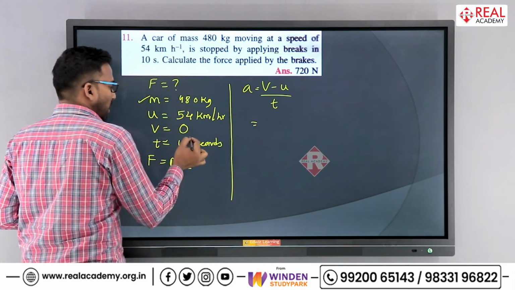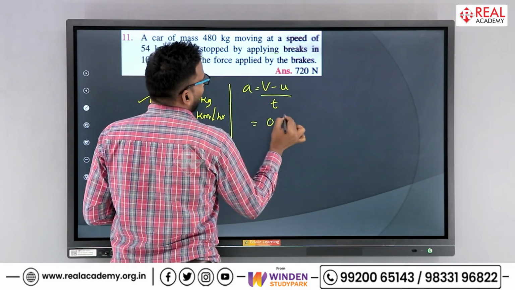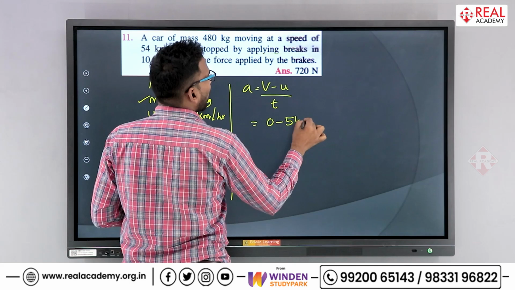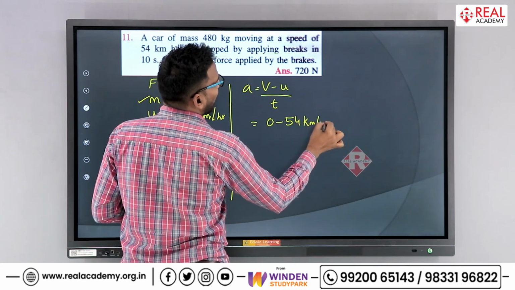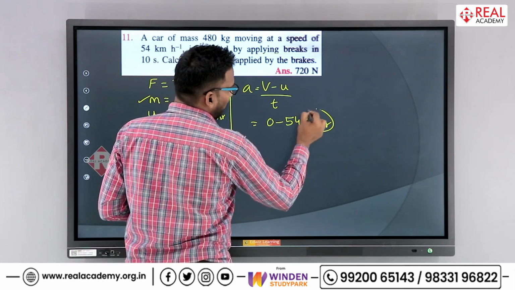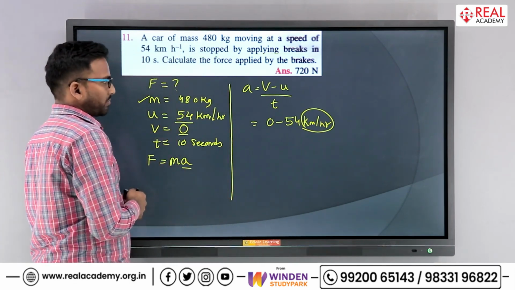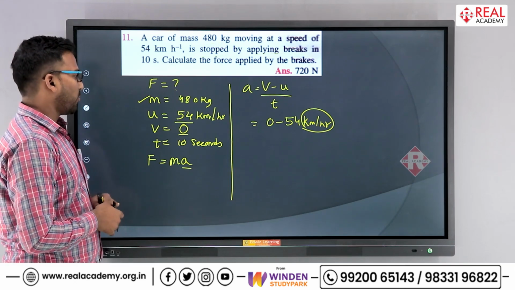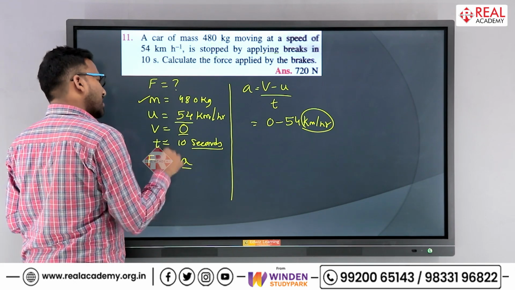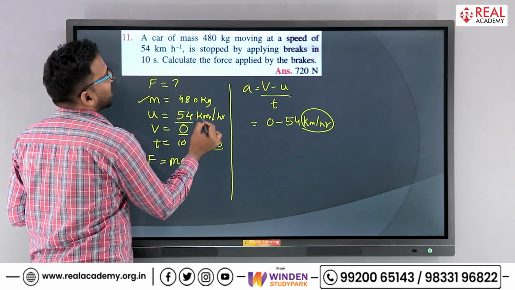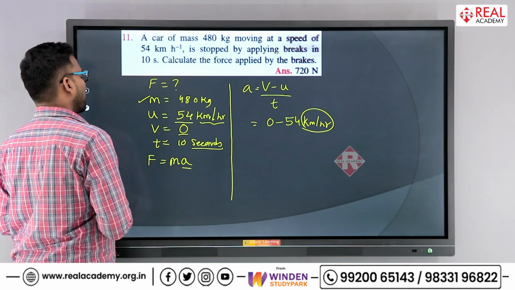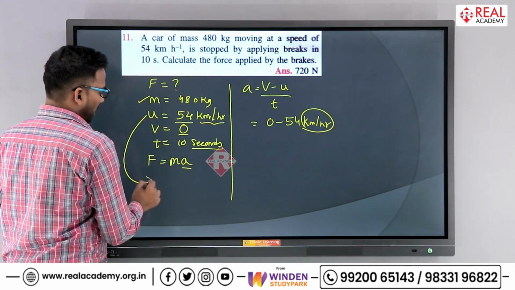Final velocity is 0 minus initial velocity, which is 54 kilometer per hour. Time is given in seconds, so we must convert this velocity into meter per second.